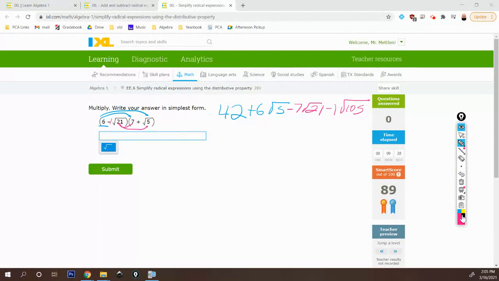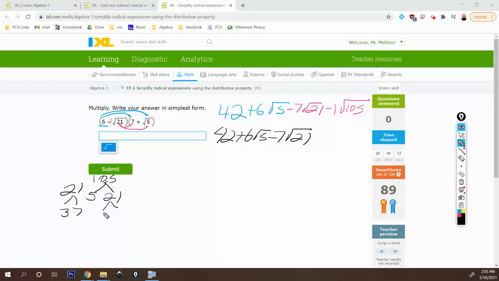Okay, so I have to go through here, and I've got to simplify everything I can. So 42 is just 42. 6 square root of 5, that won't do anything. 21, if I break down 21, that breaks down into 3 and 7. There's no pairs there, so you know what? Can't do anything there. 105, let's see, 105 will break down into the 5 and 21.